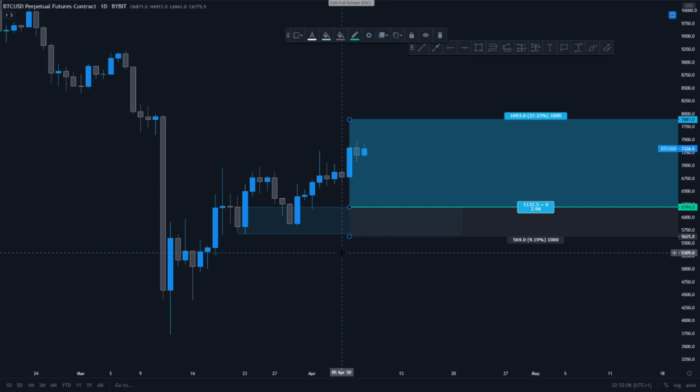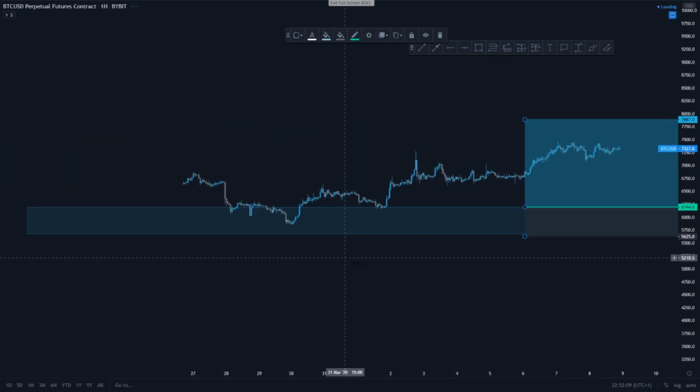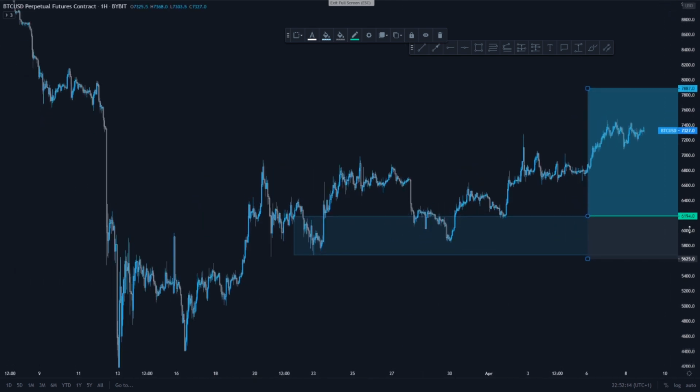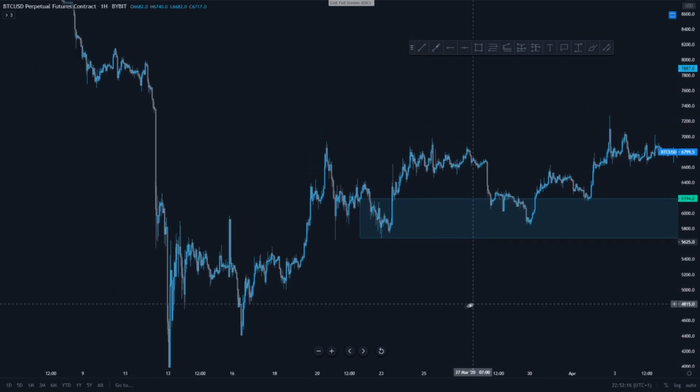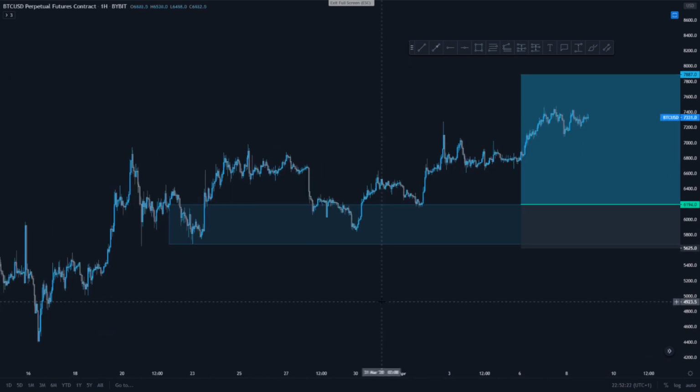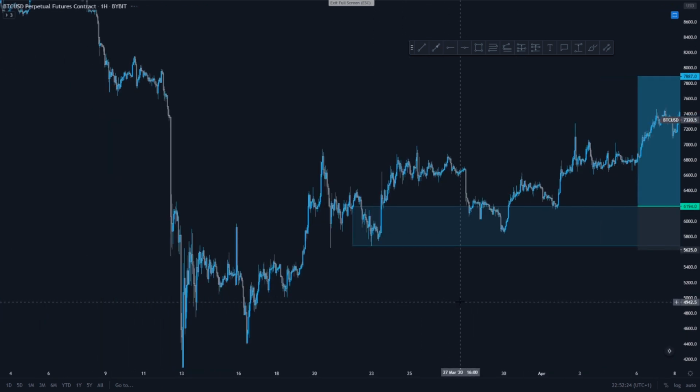So again, we go into the smaller time frame. If you are on the daily, you can go into the 4-hour chart, and if you use the H4 time frame, you can go into the 1-hour or 50-minute time frame. It's really not that important, guys.